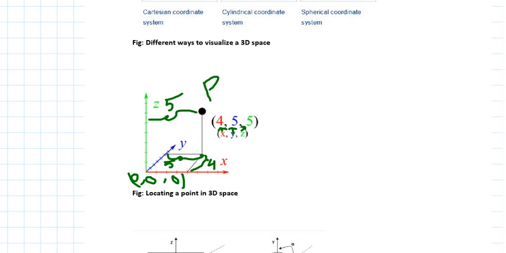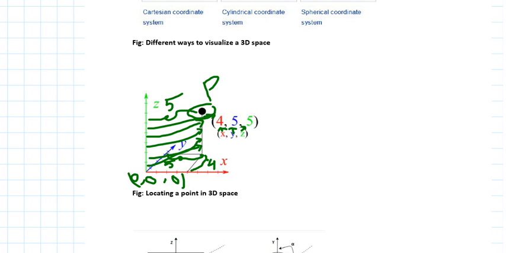Let me correlate. 1, 2, then 3, then 4, then 5, and we are done. We have arrived at point P. So this was how a point is represented in three-dimensional Cartesian space.